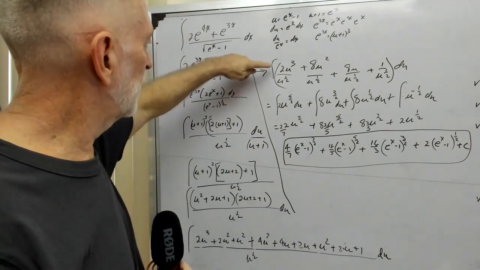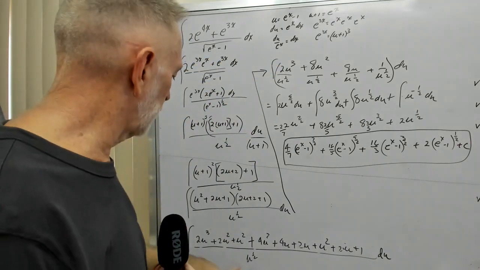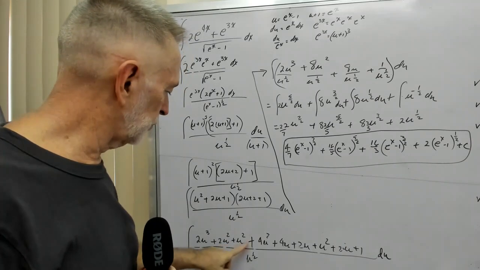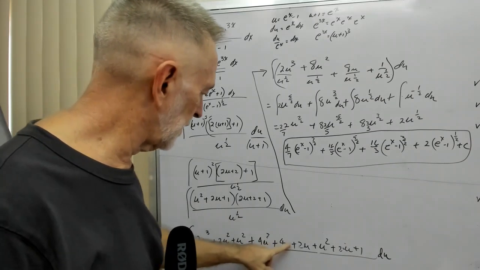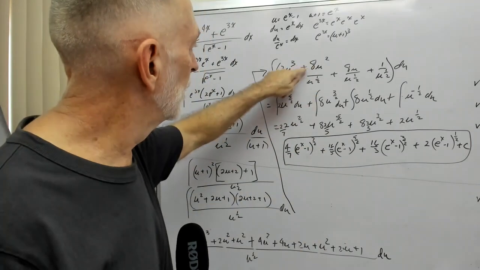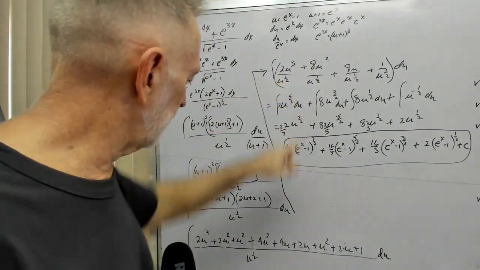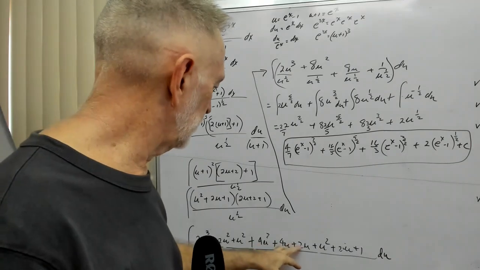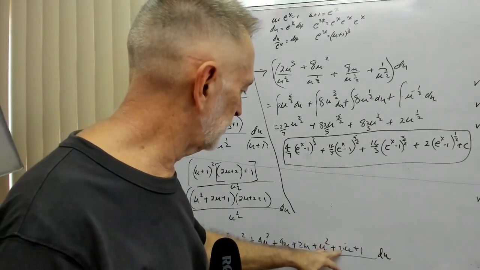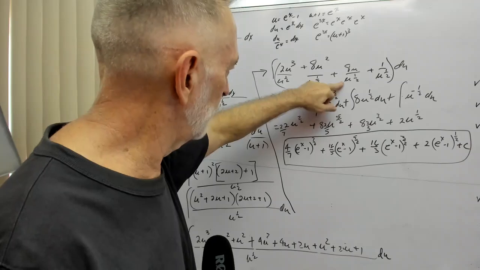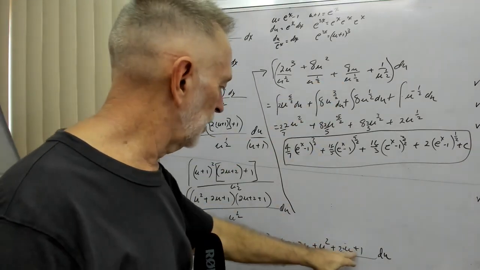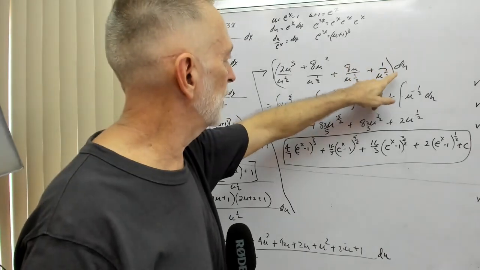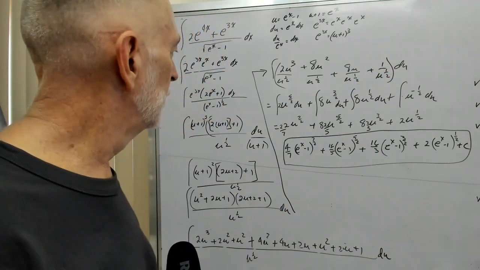That's 2u cubed over u to the 1/2. So 2u squared, 3u squared, 7u squared, 8u squared over u to the 1/2. Let's see, 4u plus 2 is 6u plus 2 is 8u over u to the 1/2 plus 1 over u to the 1/2, and all of that is integrated with respect to u.